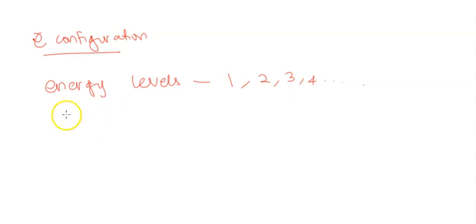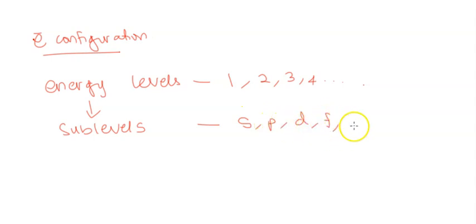Energy levels have sublevels, which we also call subshells, and these are represented by the sublevels S, P, D, F, and we have more. In sublevels, we have orbitals.